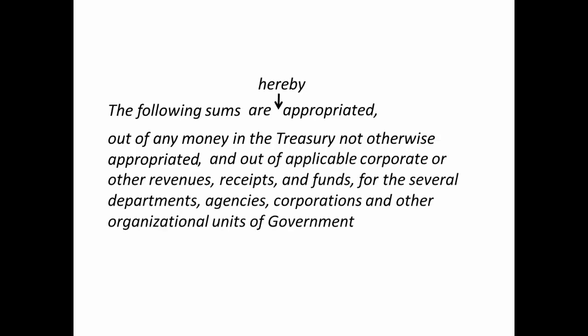The wording is typically, the following sums are appropriated out of any money in the Treasury not otherwise appropriated. With CRs, you might see the word hereby inserted and text added out of any applicable corporate or other revenues, receipts, and funds for the several departments, agencies, corporations, and other organizational units of government.